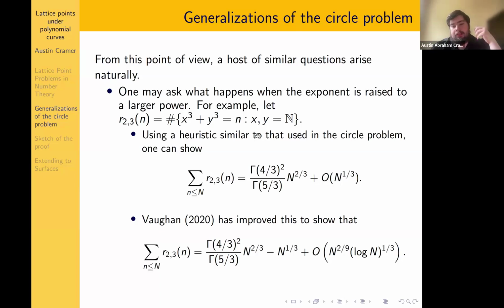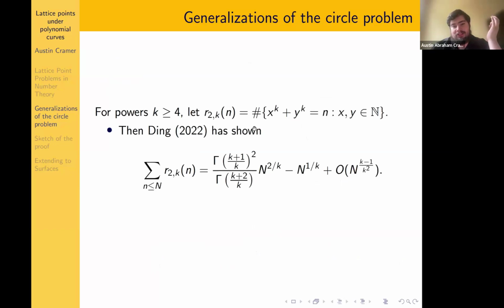What about larger powers like kth powers? Okay, so we let R2k of n count solutions to x to the k plus y to the k equals n for natural numbers x and y.